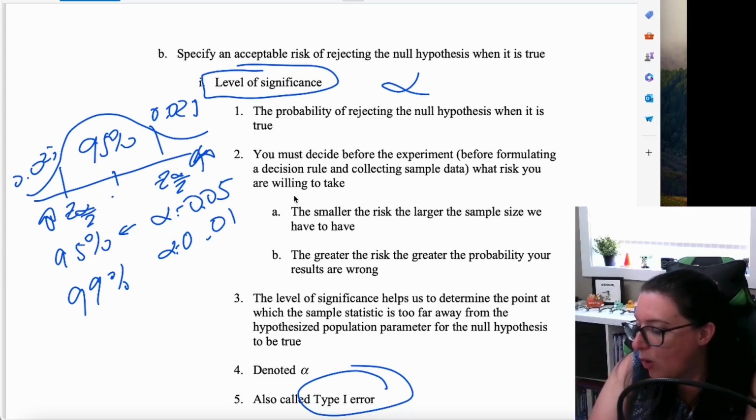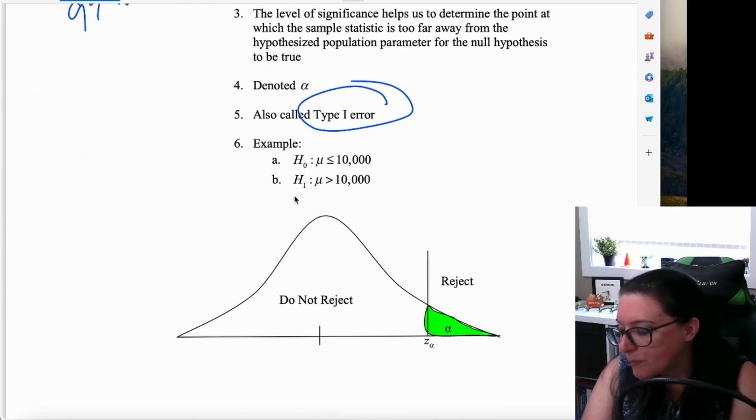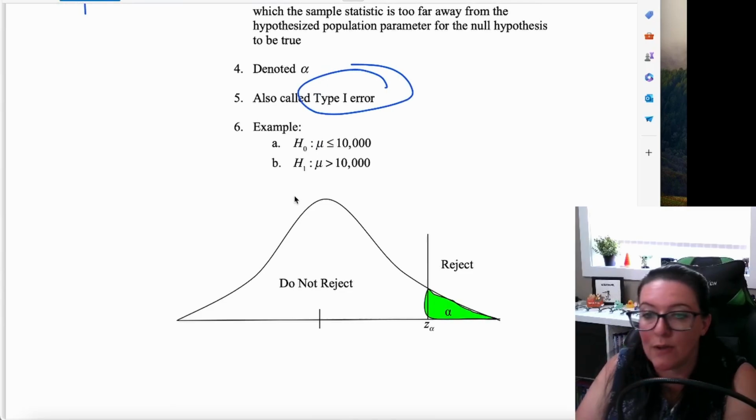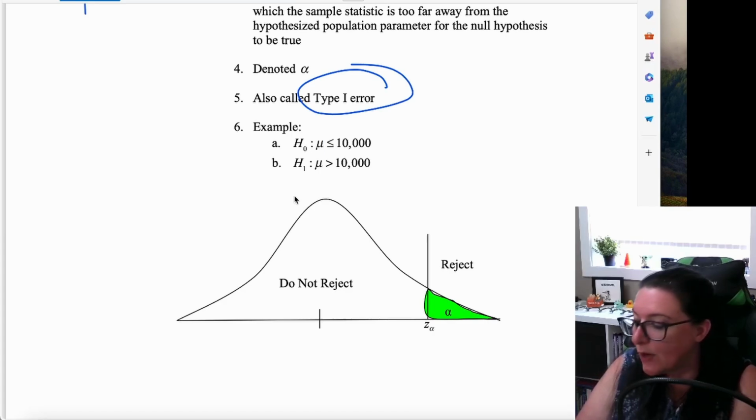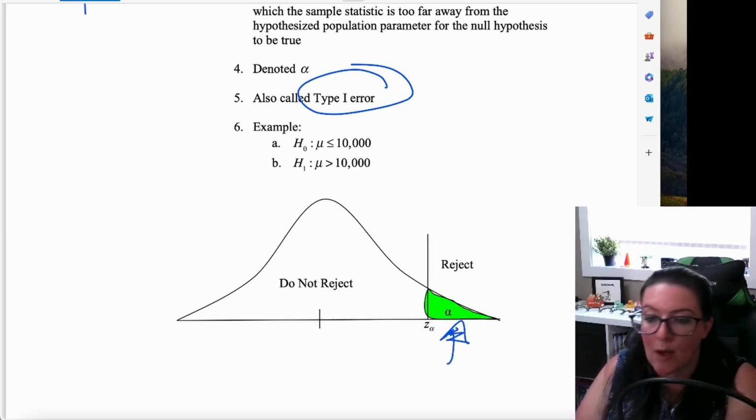So this is also called the type 1 error. If we're doing a one-tailed test, like what we see here, where we're looking at the null hypothesis being less than or equal to 10,000, and a one-tailed test that looks at that mu might be greater than 10,000, then all of alpha is in that one tail.